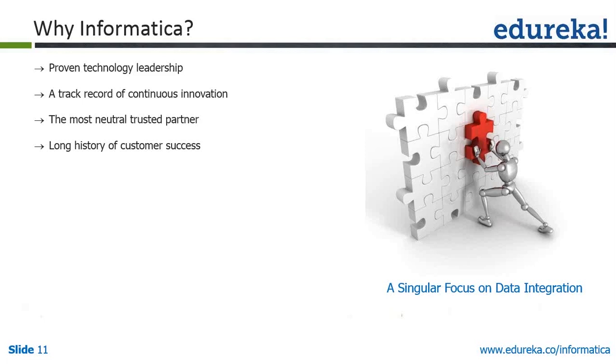It has proven technology leadership and a track record of continuous innovation. That is the reason, as I showed you, it has around 5,000 plus customers throughout the world, and it is the most neutral, trusted partner. This part is very, very important. The sole aim of Informatica is to help you in your data integration solution.